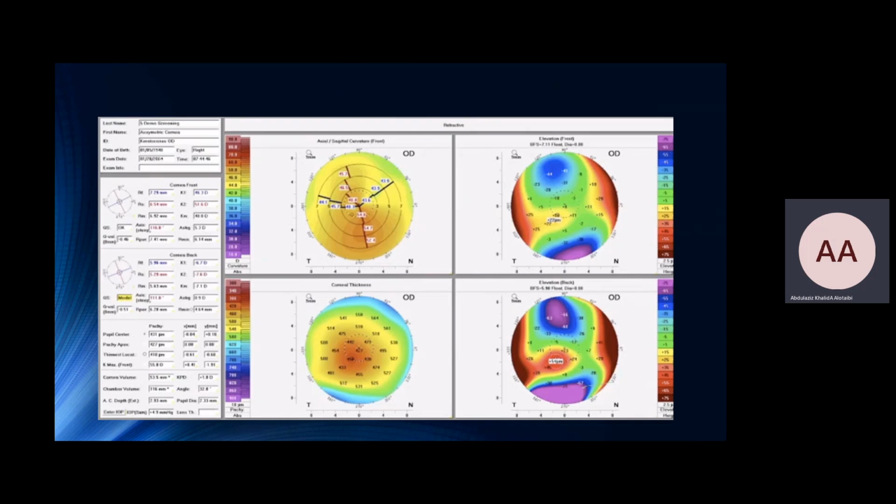Sorry about the numbers, it's not clear. If you need any number, just tell me. K2 is 58.6, so it is considered to be steep. And the Kmax is 55.8. So both of them are considered to be steep. The astigmatism is 5.3 and the axis is 116.